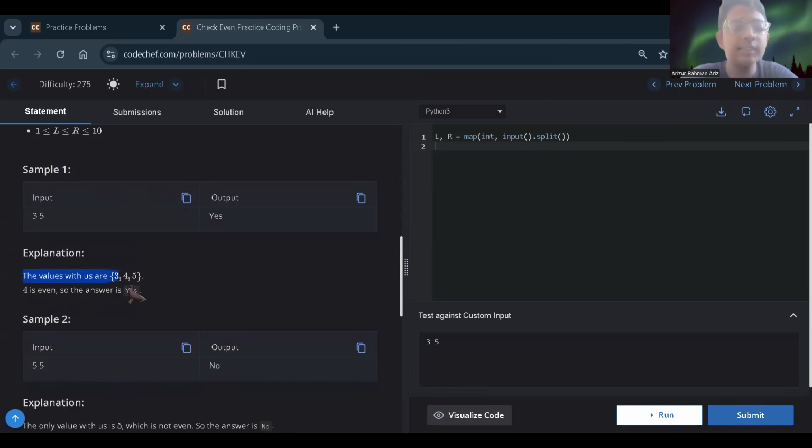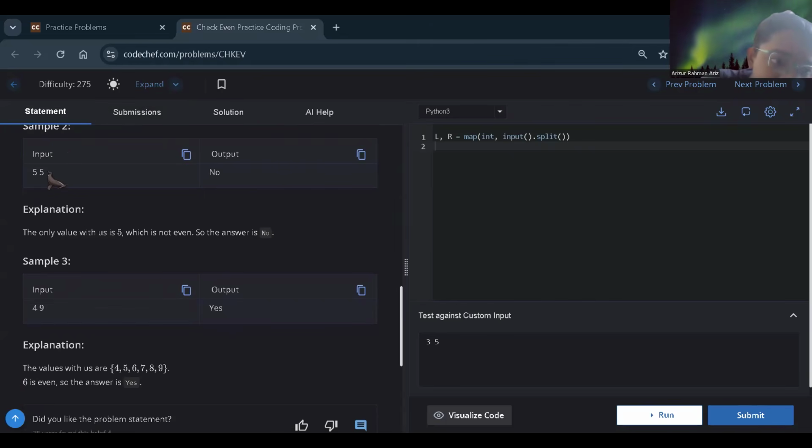The sequence is 3, 4, and 5 because we are counting L through R. L represents the starting value of the sequence, which is 3 in sample 1, and R represents the ending value, which is 5. So 4 is even, so the answer is yes.